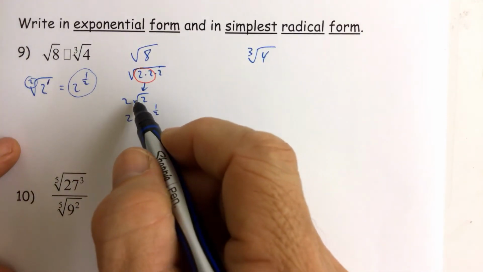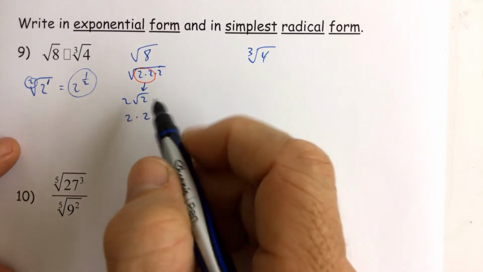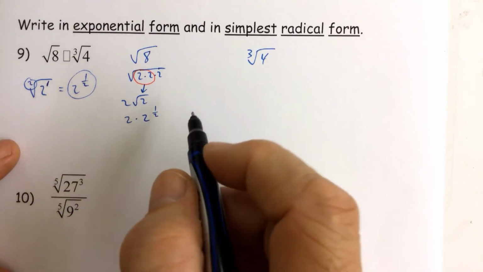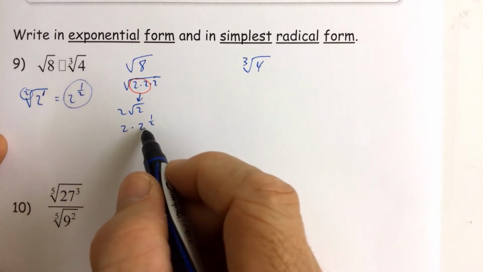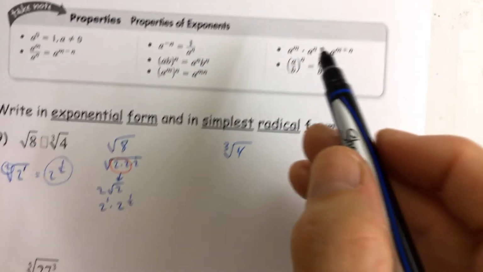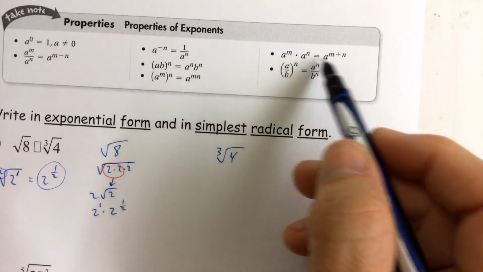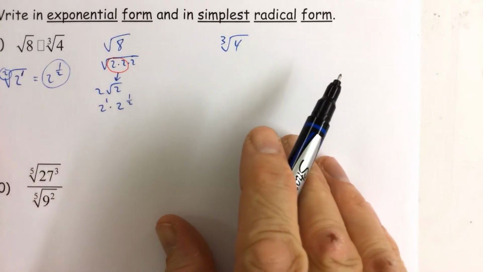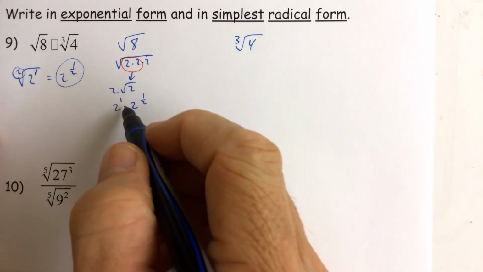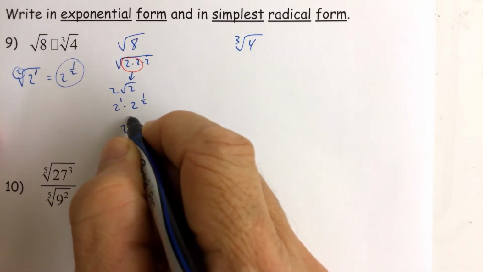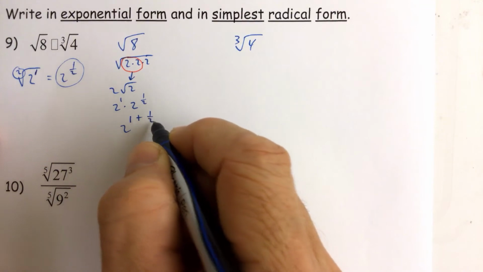So we can rewrite that radical 2 as 2 to the 1/2, and then we're going to use the property of when the bases are the same. If you notice right up here, when the bases are the same, you add the exponents. So 2 to the 1 times 2 to the 1/2 is 2 to the 1 plus 1/2.